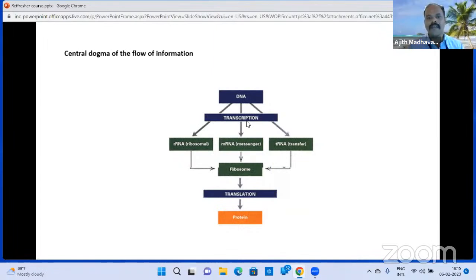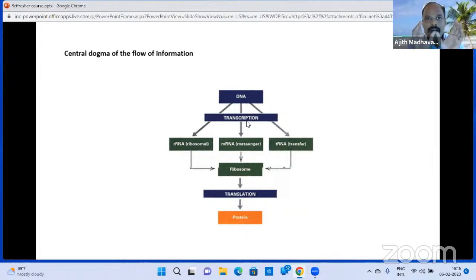After that, the RNA molecule is converted to a different language altogether. The sounding of the word is different, but the meaning is the same. It is meaningful. I shouldn't say the meaning is the same. It is meaningfully written.